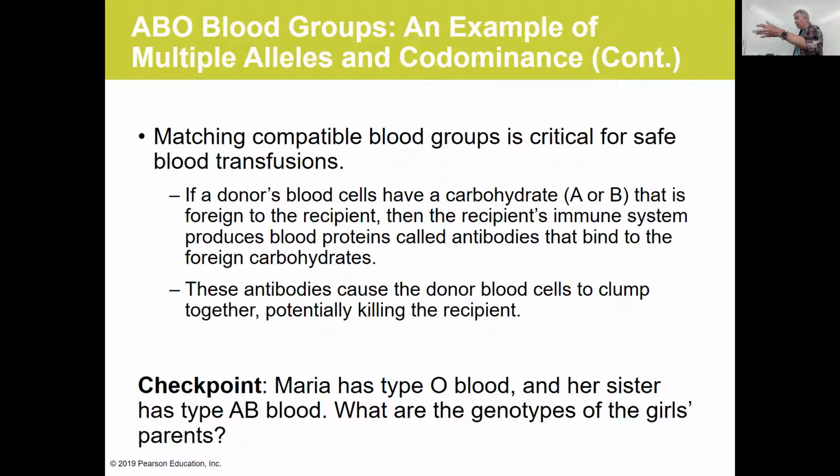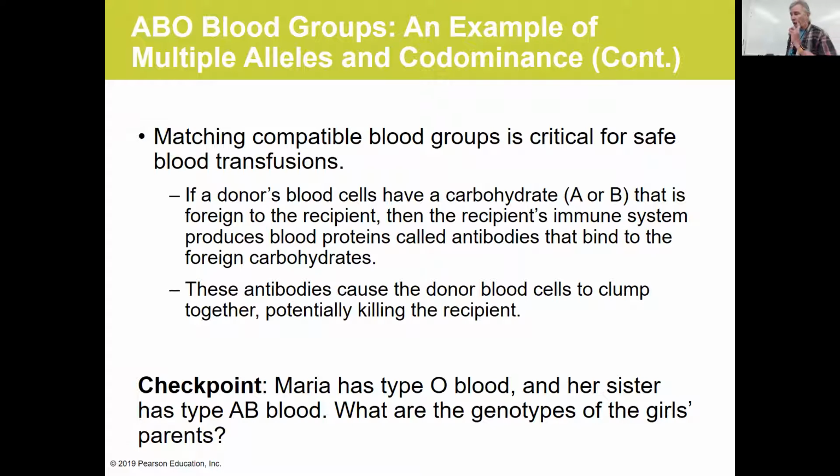As I just said, matching compatible blood groups is critical for safe blood transfusions. If the donor cells have the glycoprotein A or B, the recipient's immune system produces blood proteins called antibodies. Well, no, they're already made. They're already there. That's the really bizarre thing. And these antibodies cause the donor's blood cells to come together.